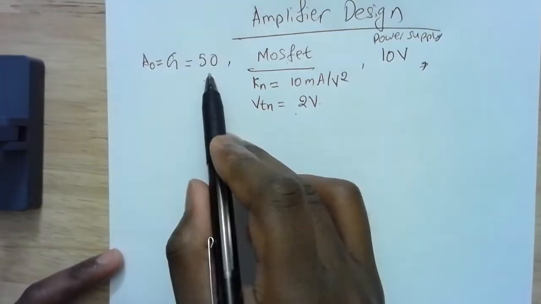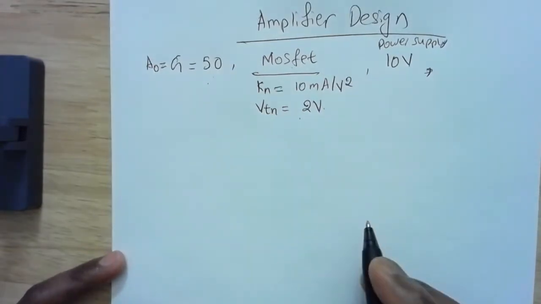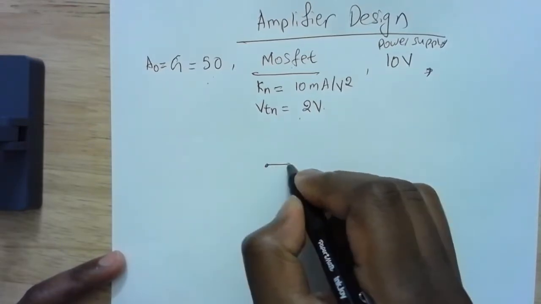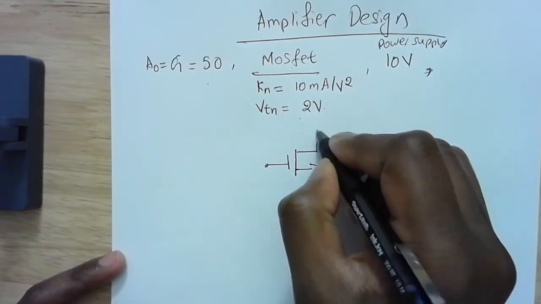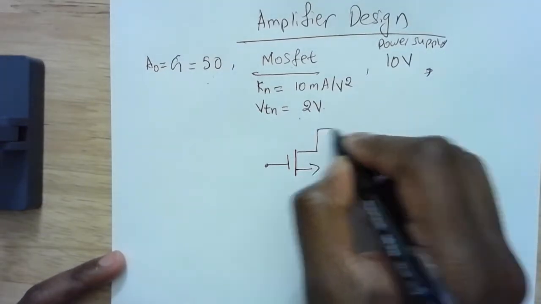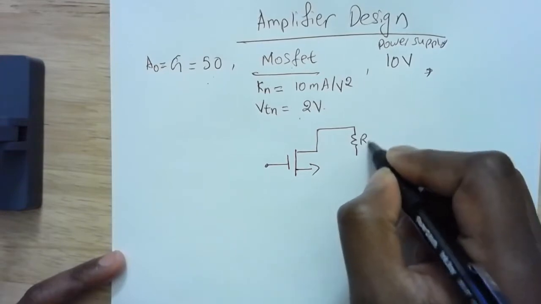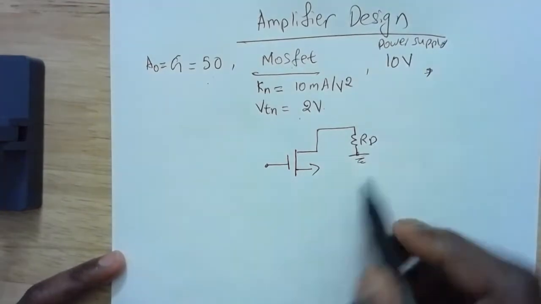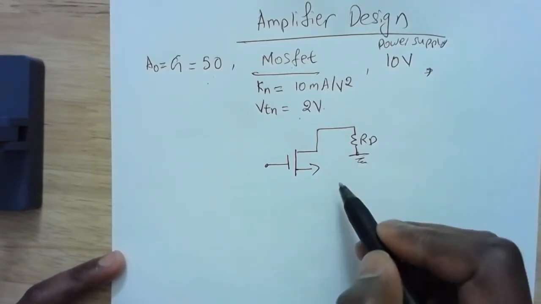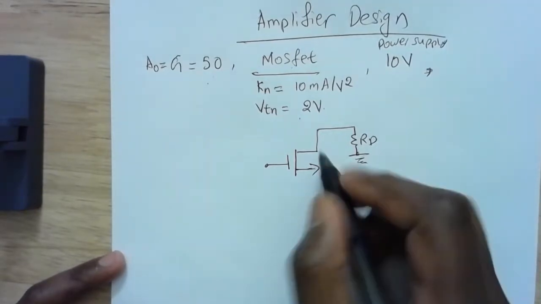Since we need a gain of 50, I'm going to go with a common source amplifier. At the most basic level, a common source amplifier looks like this, where I have RD. This is usually a power supply, and in AC analysis that becomes ground.